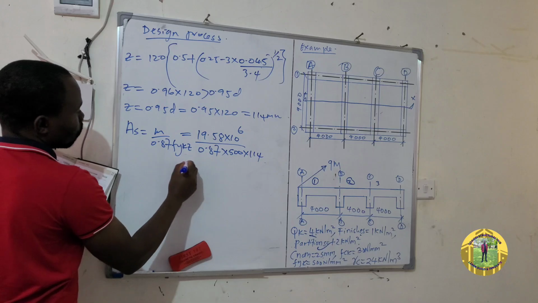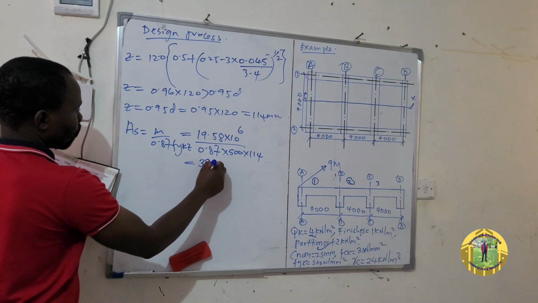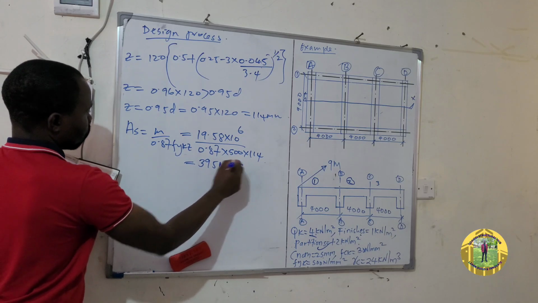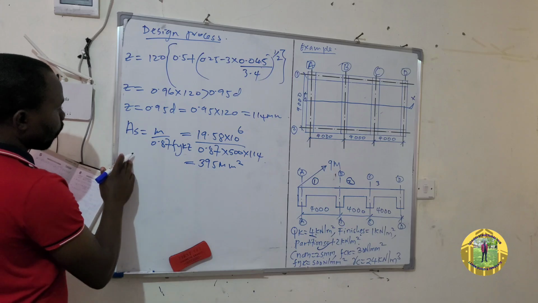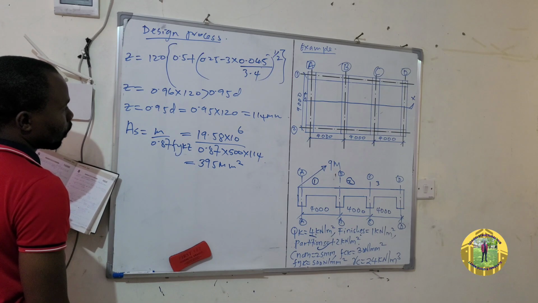So this one is equal to 395 millimeter square.